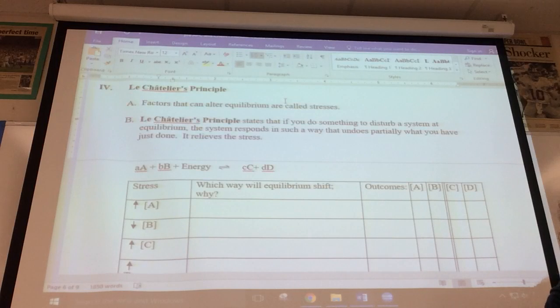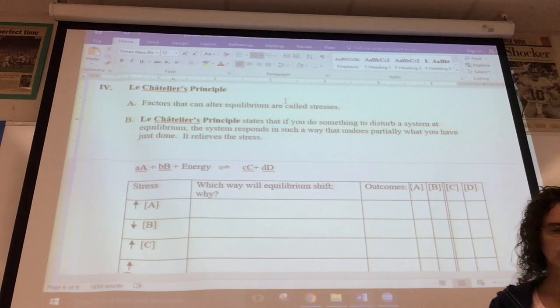We'll be talking about it today, and then we'll explore it in the lab in more detail from a colorimetric type standpoint, where you'll see changes in color to determine which way equilibrium shifts. And we'll come back to that a little bit at the end from the video we watched the other day.